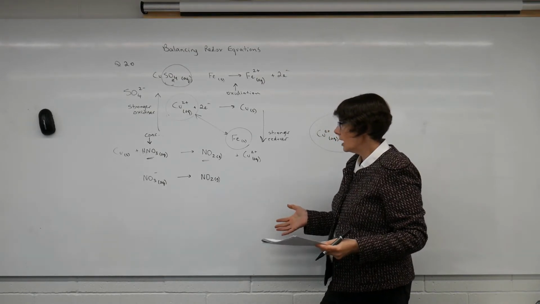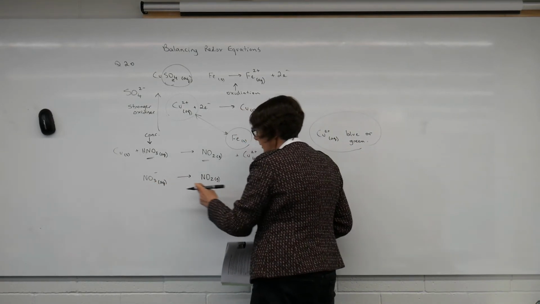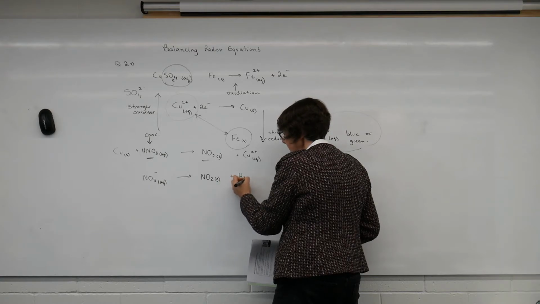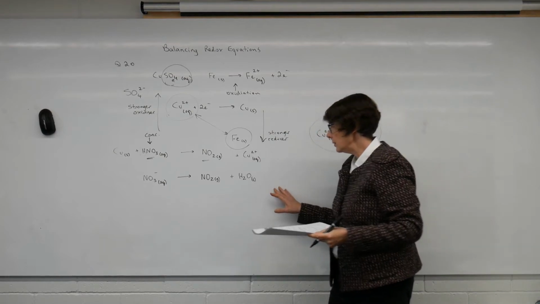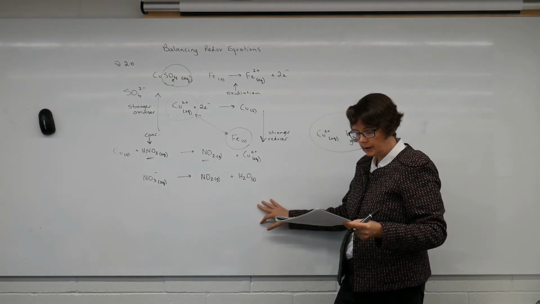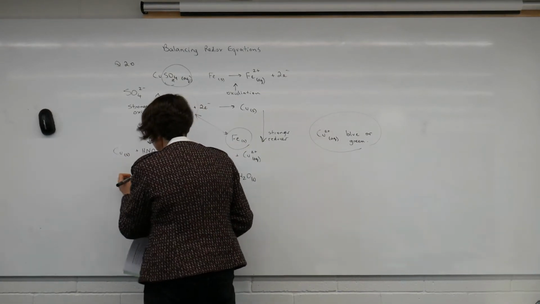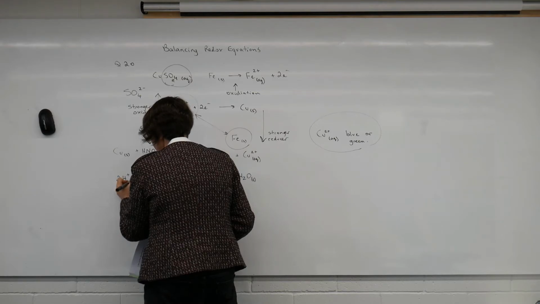Then we balance our oxygens with water. We have 3 on this side, and we have 2 on this side, so I'm going to need a water. And we balance our hydrogens with the H+ ion, and so 2 H's on that side tell me I need 2 H+ on this side.